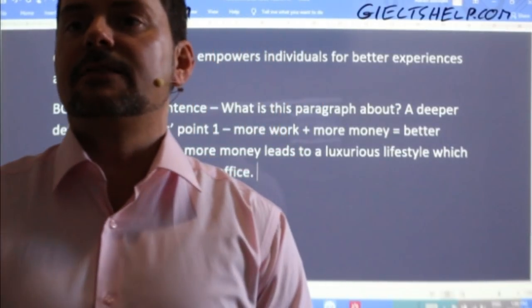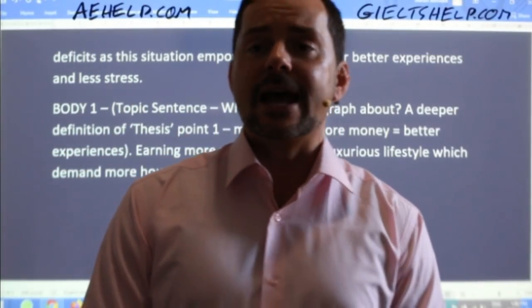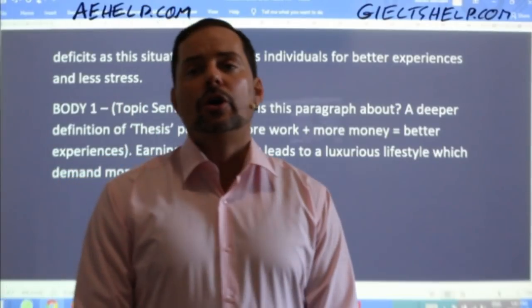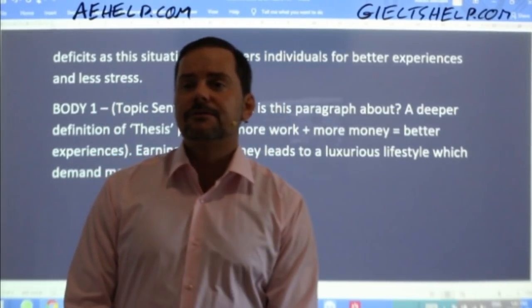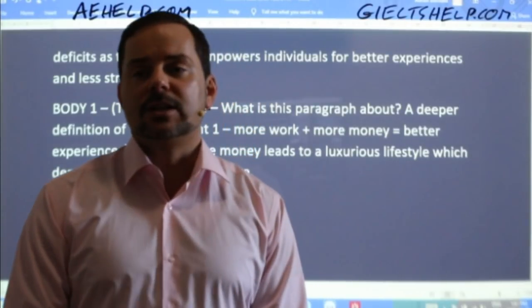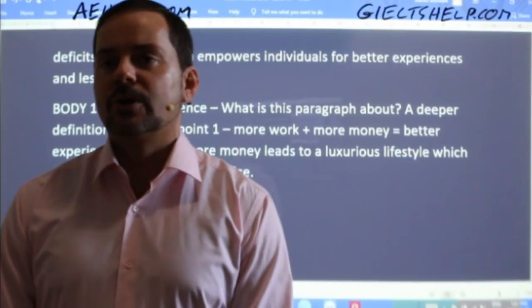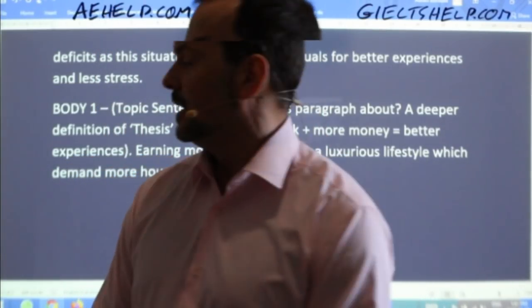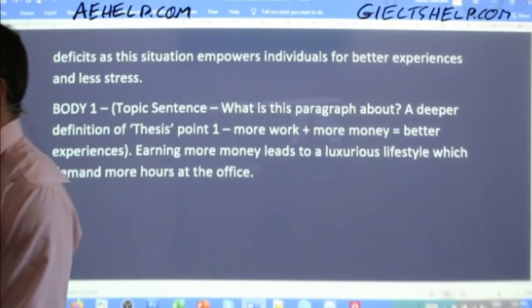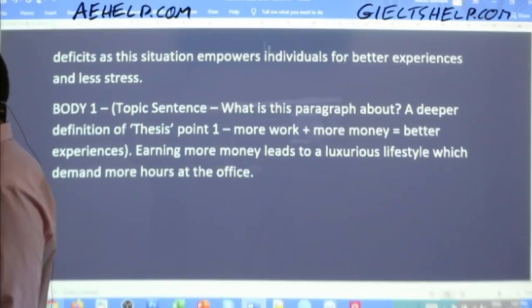Yexton says individuals can live comfortable and luxurious lives when they work extra hours to earn more. Yeah, Yexton, that works really well. So you added the comfortable and luxurious into your sentence there. Absolutely. Okay. Those are both looking like good topic sentences, Rajveer and Yexton. I like it. Okay. So earning more money leads to a comfortable and luxurious.